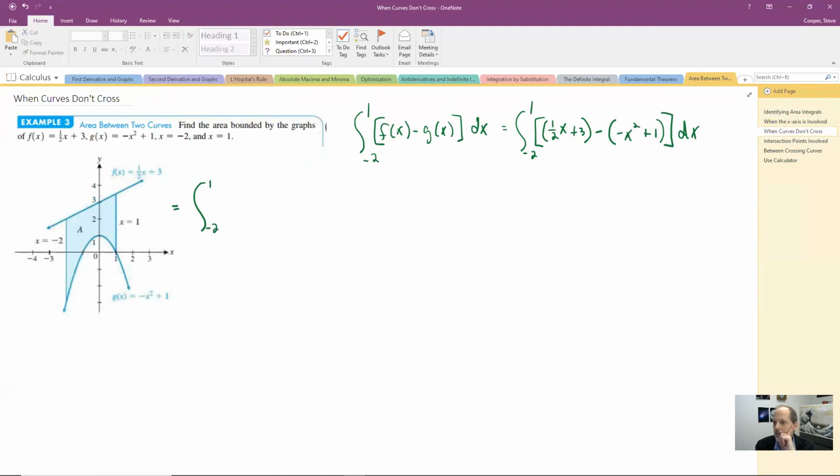So I'm just distributing the negative across here, and I'll simplify this to x² plus 1/2 x, and I've got a 3 minus a 1, so that's going to become plus 2.